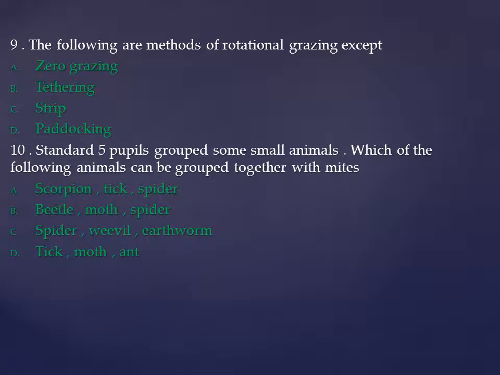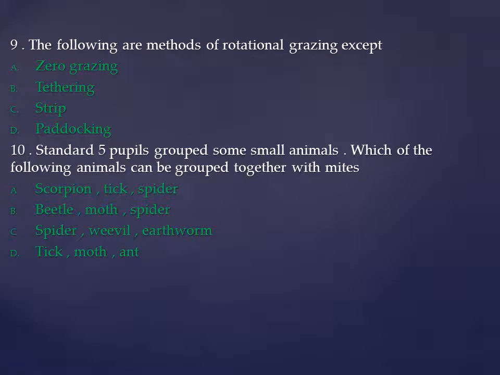Question 9. The following are the methods of rotational grazing, except... Which one is not? What are some of the points which you should have on your fingertips? Rotational methods of grazing include paddocking, strip grazing, and tethering.